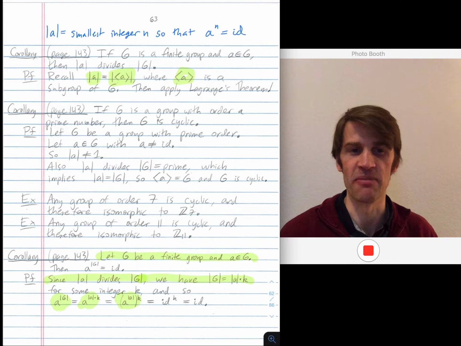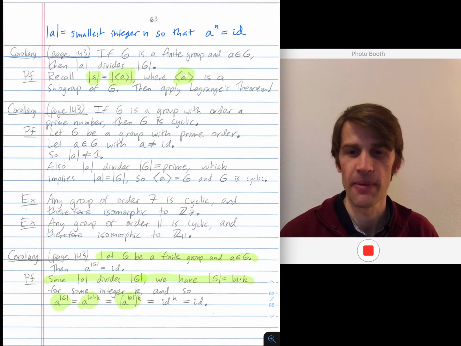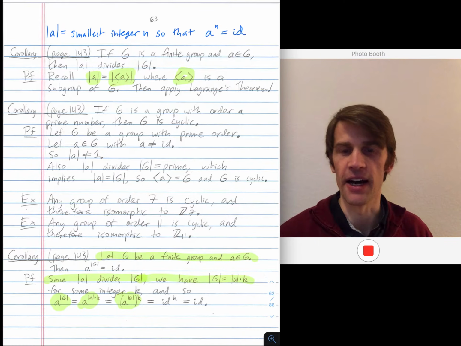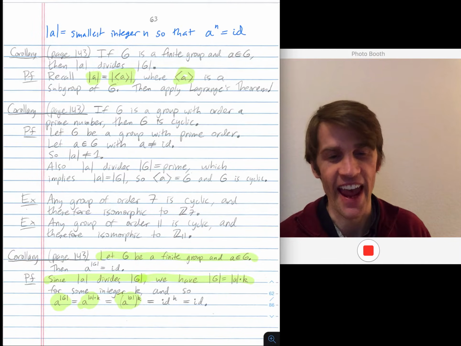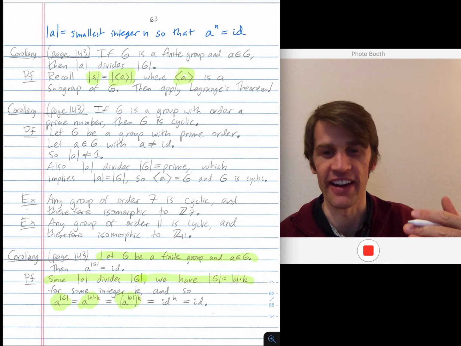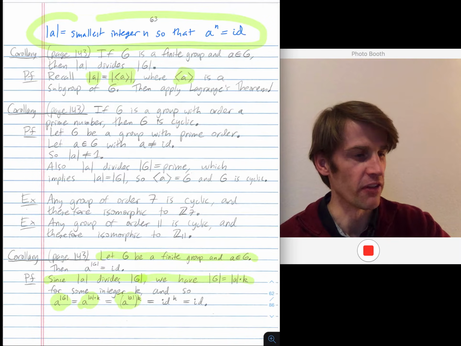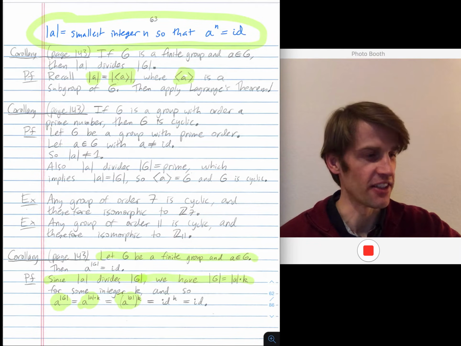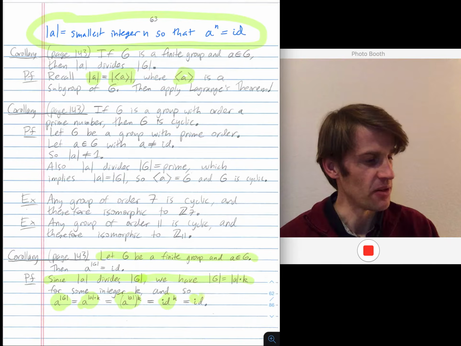That's A to the power, the order of A, all that to the power K. But we just saw, by the definition of the order of A, that A to the power the order of A is equal to the identity, right? That's this definition up here. The order of A is an integer such that A to that power is equal to the identity. So this is just the identity to the Kth power, which is the identity.